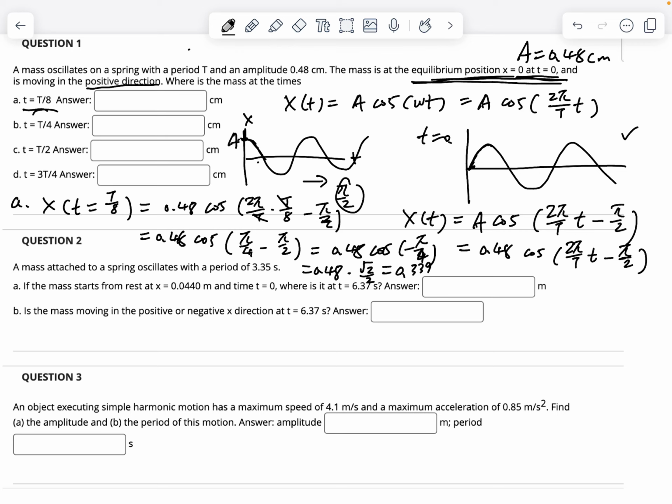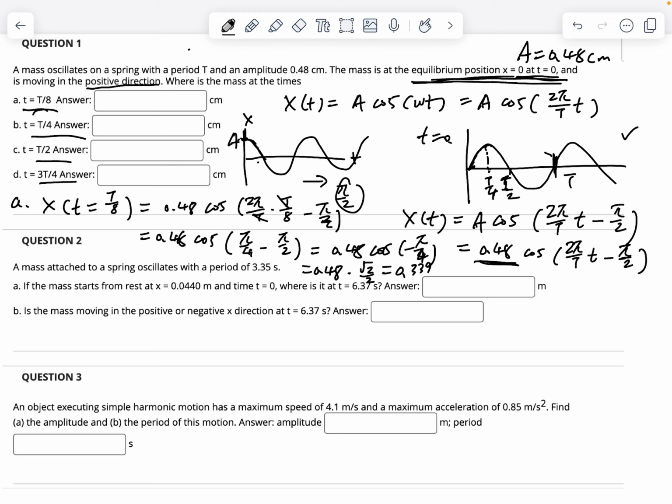Same idea. You will do T over 4, T over 2, and 3T over 4. Actually, what's T over 4? You see, this is one period, so T over 4 is here, this is half period, so this is T over 2. So T over 4 should be the amplitude location.